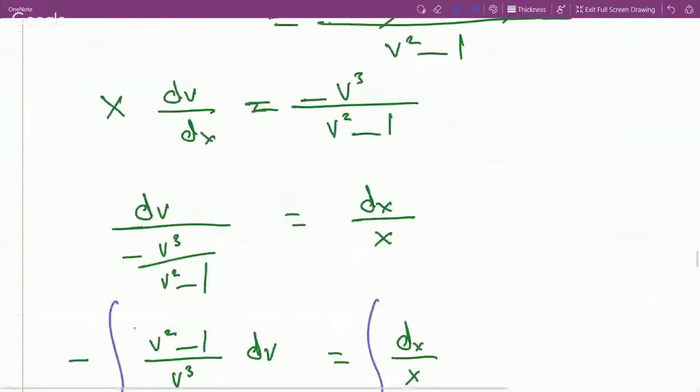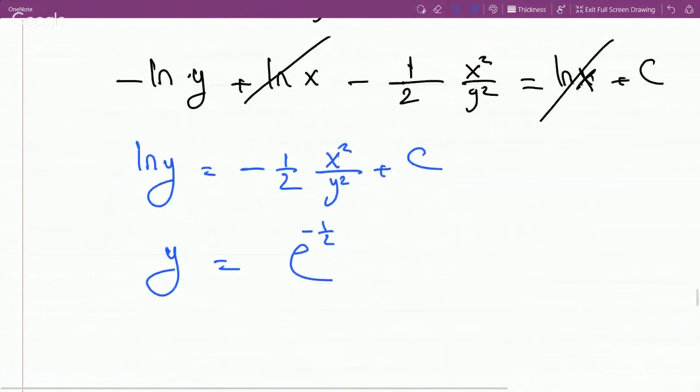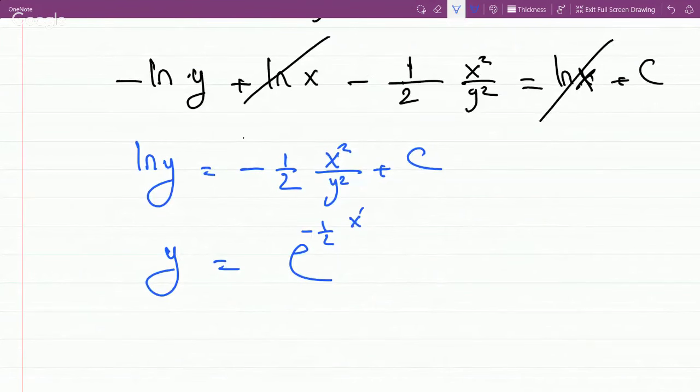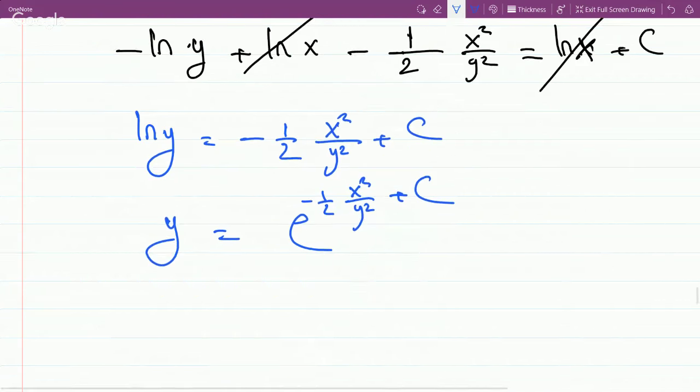So minus half x squared over y squared plus c. Everything is correct.